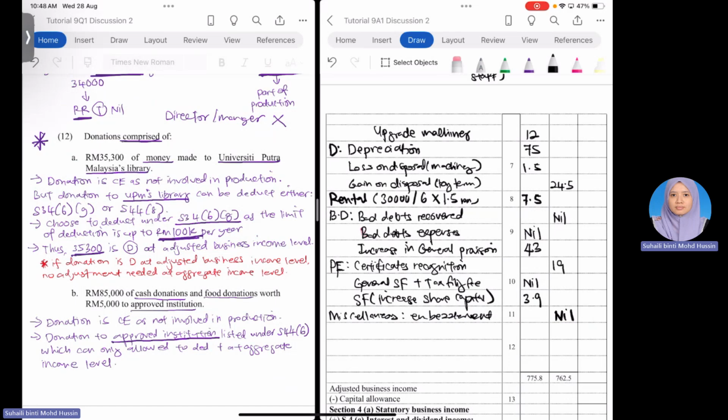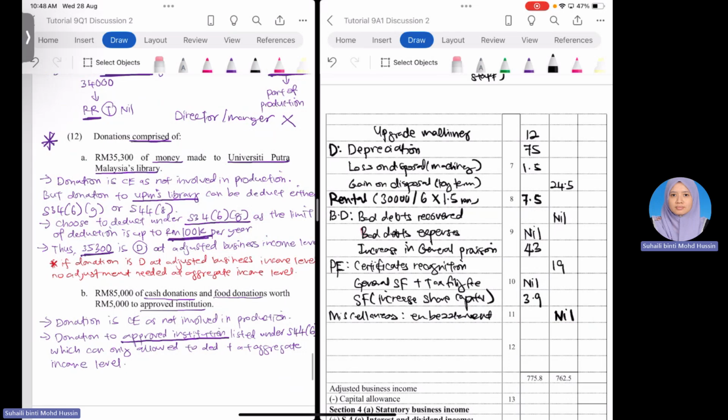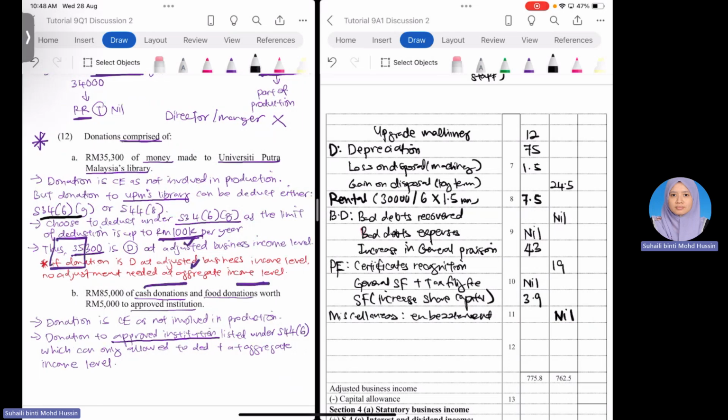As mentioned, donation is not part of the trading transaction, so not allowed for deduction. But when the company makes a donation to the public library, the government allows a deduction either at the adjusted business income level according to section 34(6)(g), or according to section 44(8).